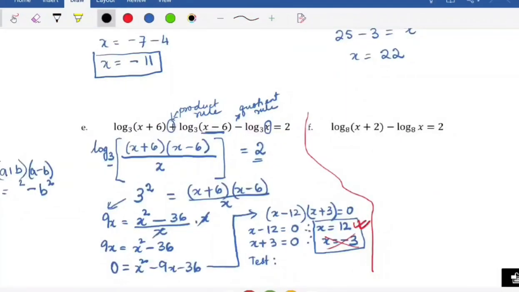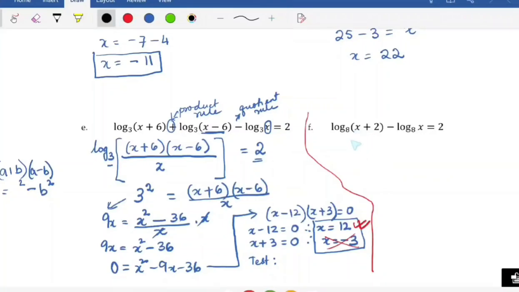Now the equation in question F is similar to the one in question E, where we have on the left-hand side two terms, both of which are logarithmic terms, and they both have the same base of 8. Therefore, we can condense the left-hand side into a single term using 1 log base 8, right? So that's what I'm going to do.